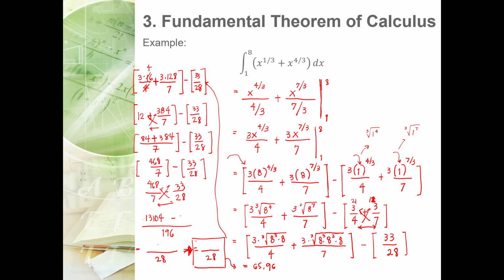So 33 times 7 is 231. Then minus the other term. So this one is 12873, divided by 28.